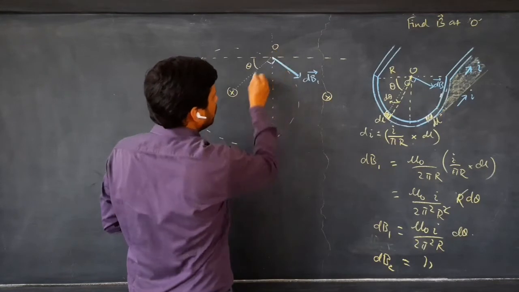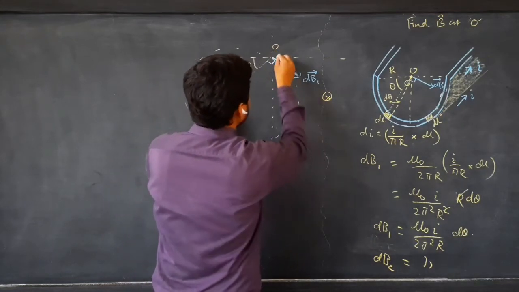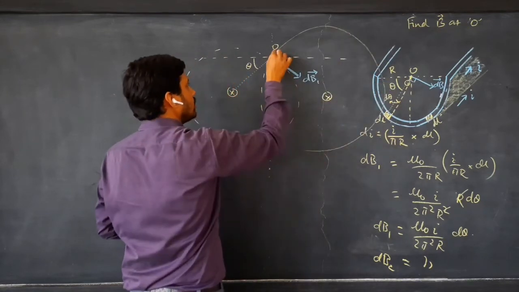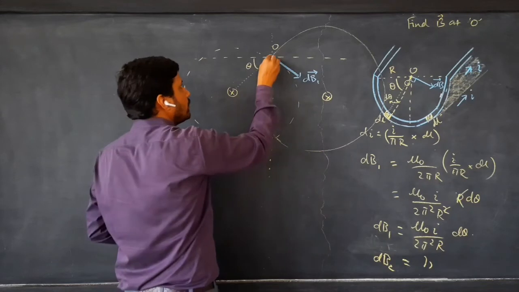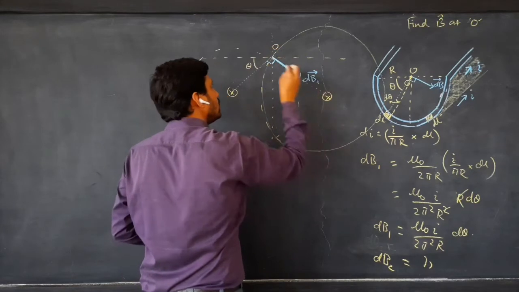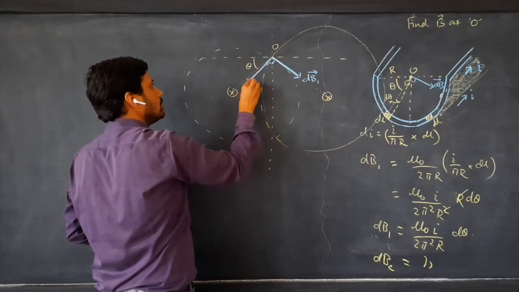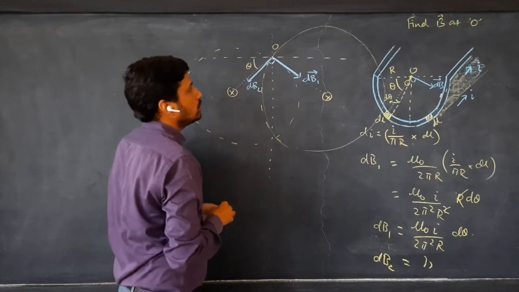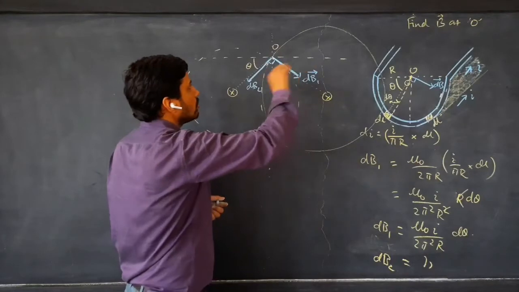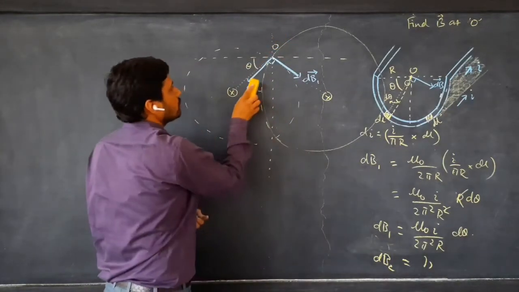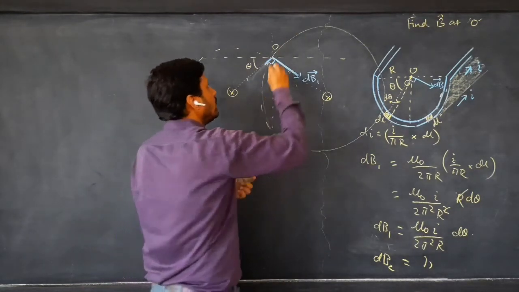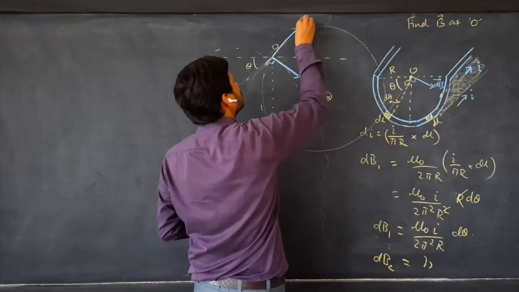So at this point we will draw a circle, and the magnetic field will be perpendicular to this radius. Sorry, opposite way. Fingers will curl in that particular direction. So this will be our dB2.